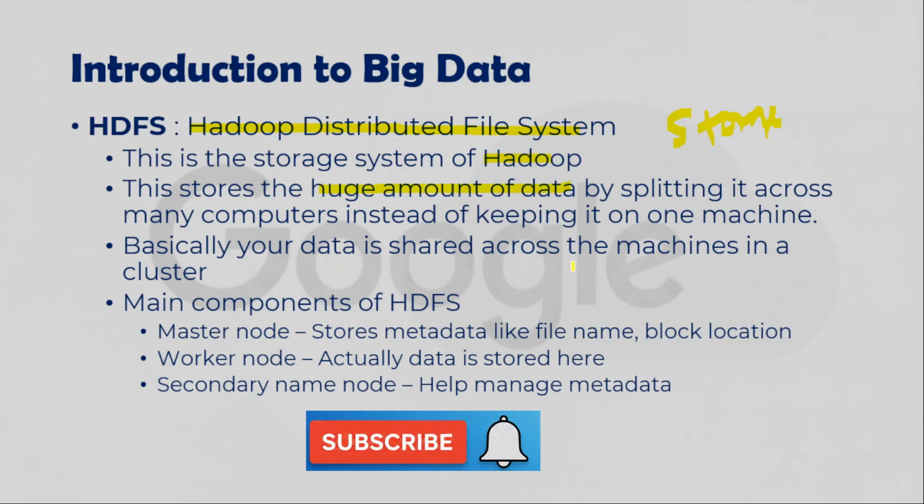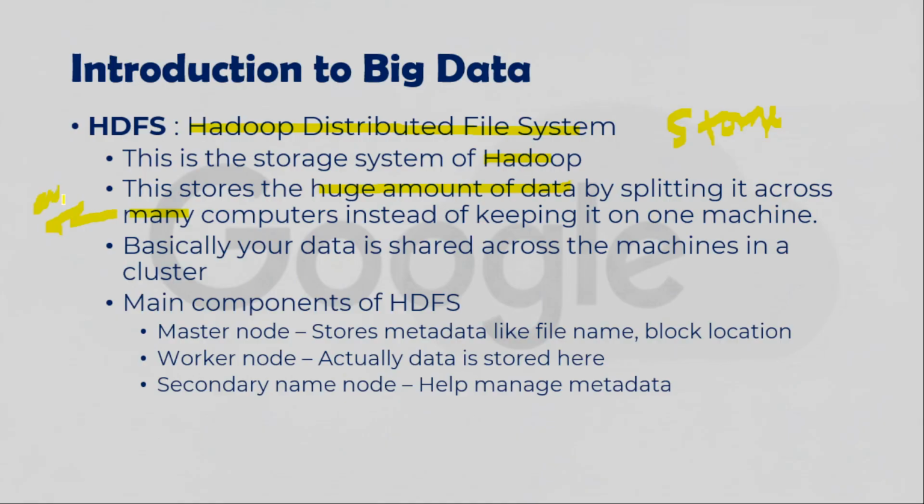How it stores is very interesting. It splits the data across many computers, the available computers inside the cluster, instead of keeping it on one machine. We'll see this on the blackboard in just a couple of seconds. So your data is shared across the machines in a cluster.